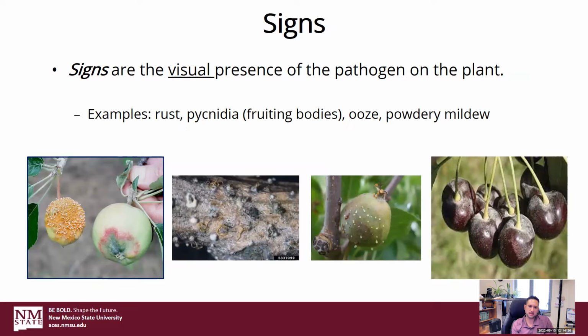Some examples are rust, which you can see here on this apple. Pycnidia, those just house spores, and they can be released through wind or rain. You can see ooze here, so this is a bacteria. And then you can see powdery mildew, so that's another fungal issue. But these are the actual visual presence of the pathogen.